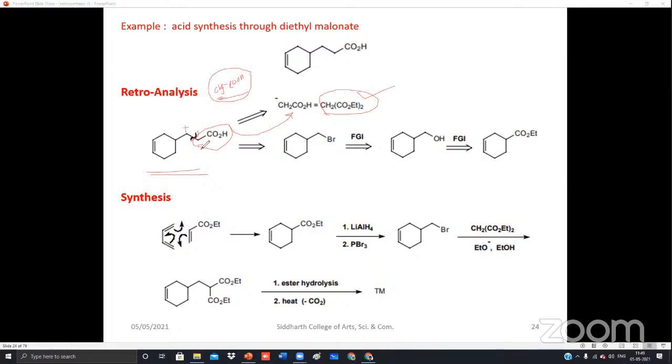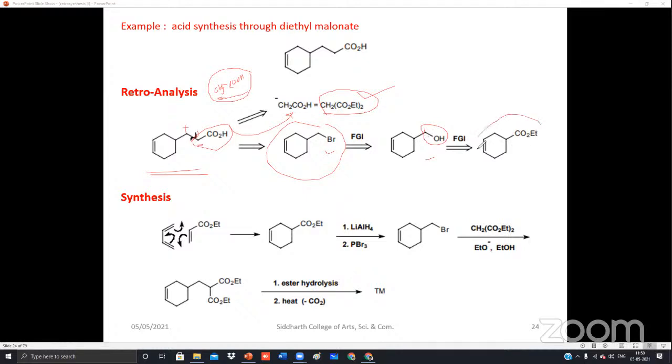Okay, so if this is the negative charge, this will be the positive charge, and this positive charge can be taken by these halide positions. Now this can further be synthesized by doing some FGI. It will be converted into alcohol, and the primary alcohol, you know that it's a product of reduction of ester. So we did further FGI.